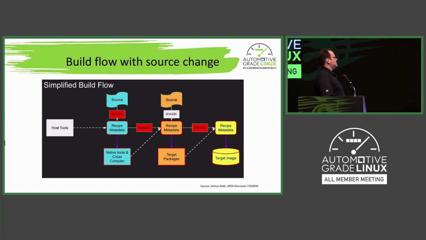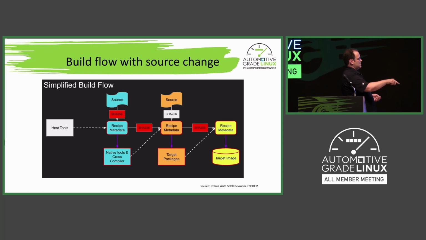So what happens now if one source changes? Well, this hash changes, right? So that is the first piece that changes. And we know that essentially that hash is part of the recipe. So this changes, we need to rebuild this.